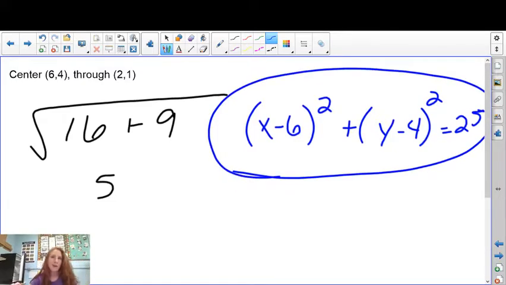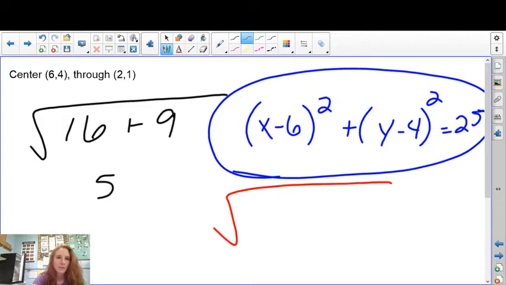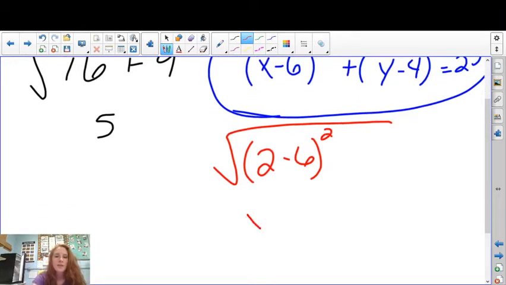Now you're probably thinking, how on earth did she get that, A, with no work? B, how did she get 25 and not a negative number? Well, if you go back to your steps, you have your 2 minus 6. We're just going to talk about this first part. Your 2 minus 6 quantity squared. So you have 2 minus 6, which is negative 4, but then you have negative 4 times negative 4.